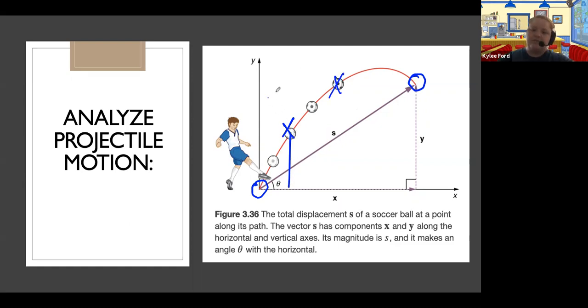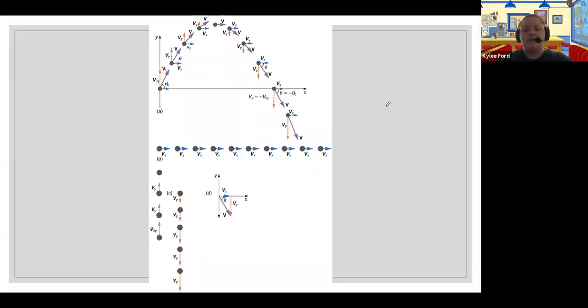I can figure out my velocity, my x component, my y component. I can figure out all of this stuff at each individual point. And this is the textbook's pretty cluttered way of doing so. They did it every, I don't even know how often, but pretty often.